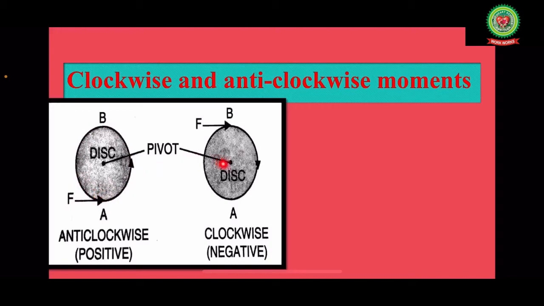And on the same disc, in the same direction, if we apply the force at point B, the disc will start rotating in clockwise direction. This means that the clockwise or anti-clockwise moment of force depends upon the point of application of force when the force is applied in same direction.